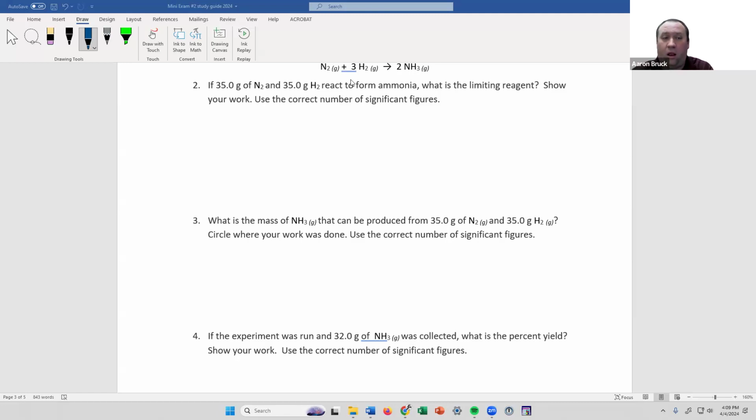Now, there are lots of ways to solve this problem, especially if you look in light of what is being asked in question number 3. Question number 3 asks you specifically, what is the mass of ammonia that can be produced from that same amount of nitrogen and hydrogen? So what I would do as a student looking at these 2 questions together is say, oh, they're asking about the same thing.